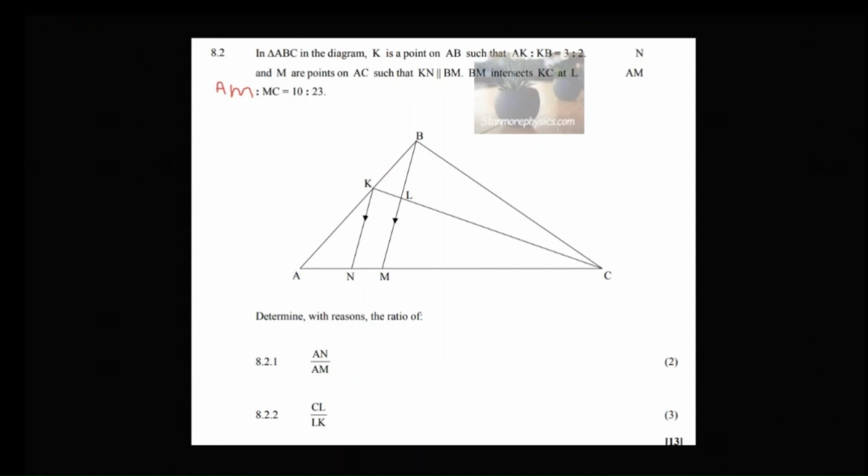So before we begin, we first want to go back and label each and every single part of our triangle. They told us that AK to KB is 3 to 2, but here is a little catch that I want you guys to remember. If you are dealing with Euclidean ratio and proportion questions like this, it looks like there are several different triangles in one triangle with parallel lines, and they haven't given you the units of those lines.